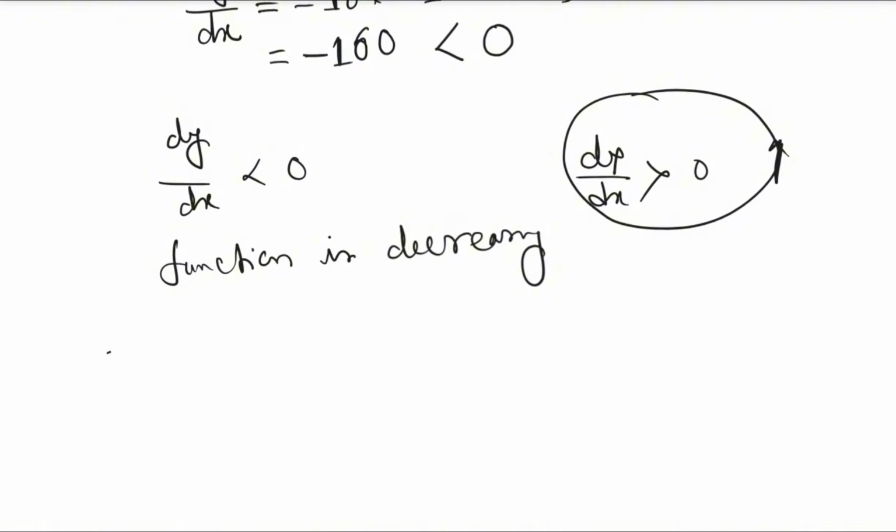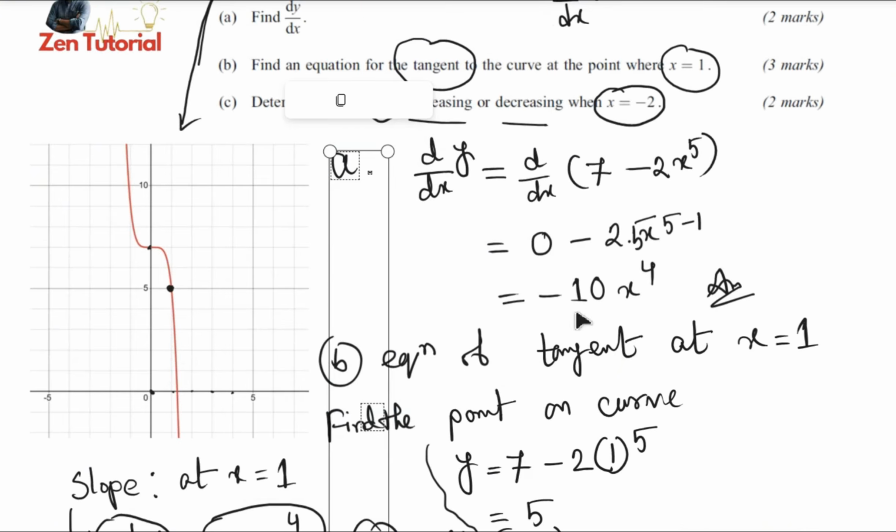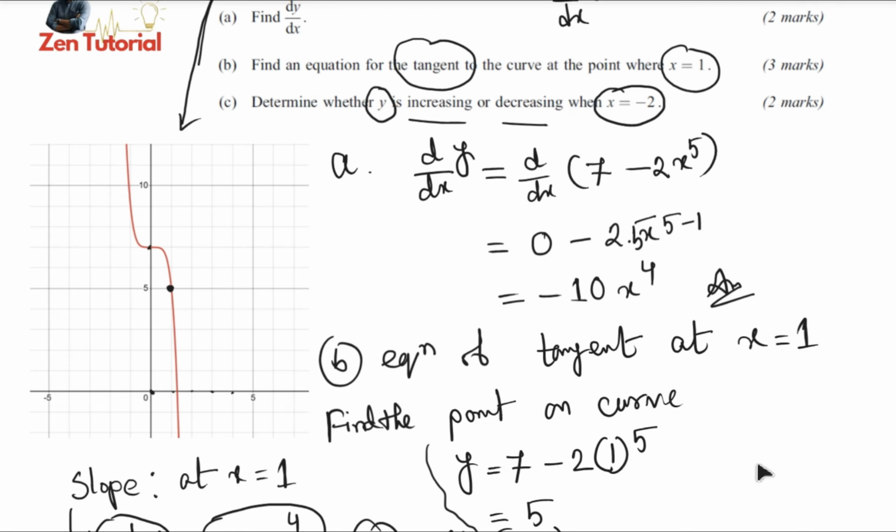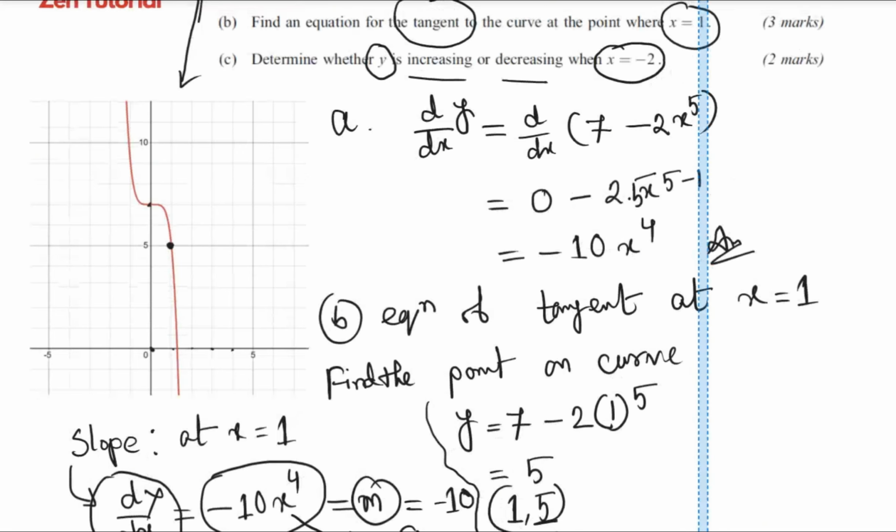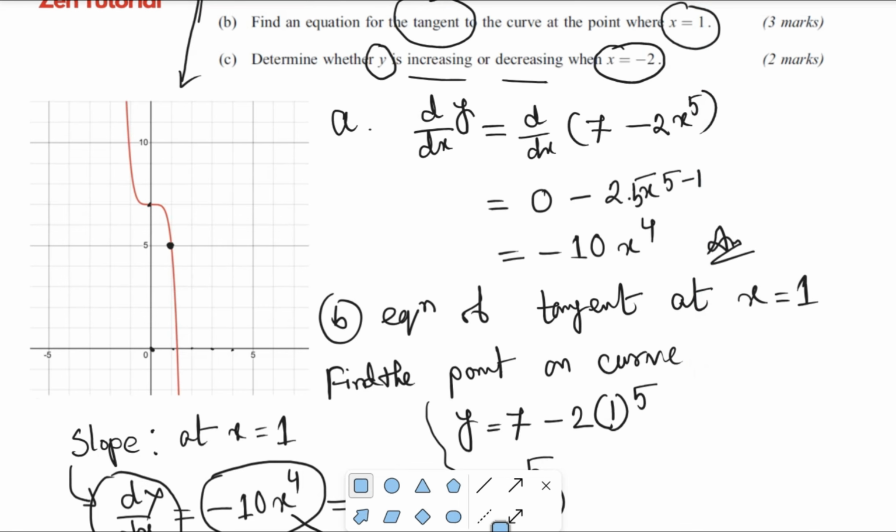Now, if there is a question for this curve, we have already found the point of tangent, the tangent point at (1, 5).